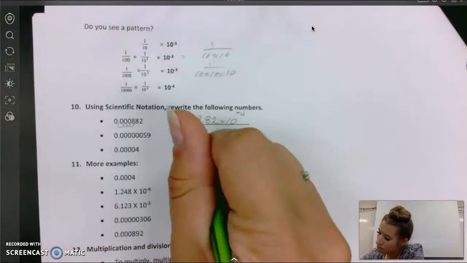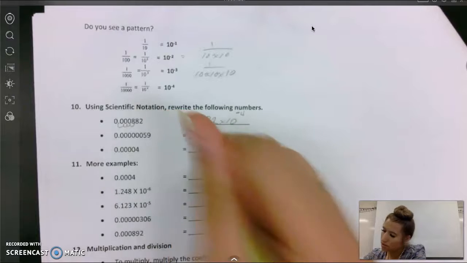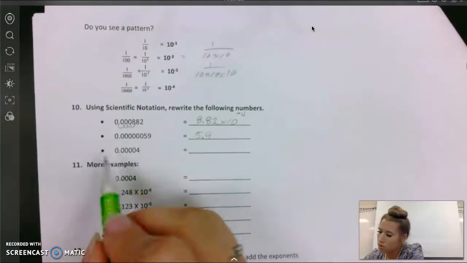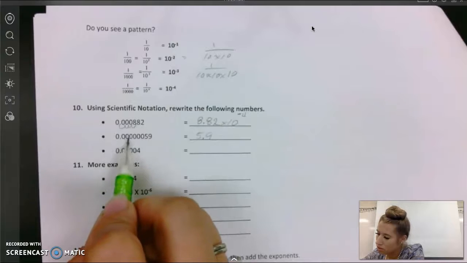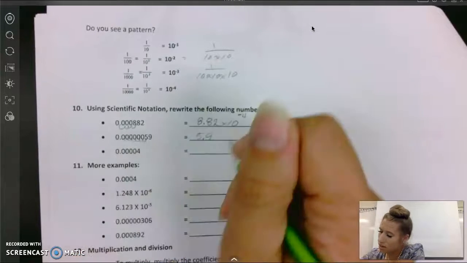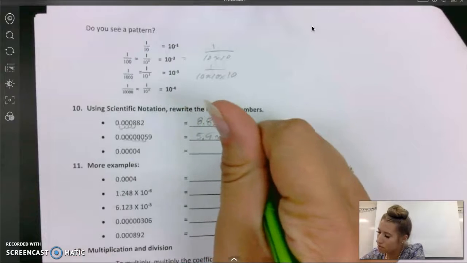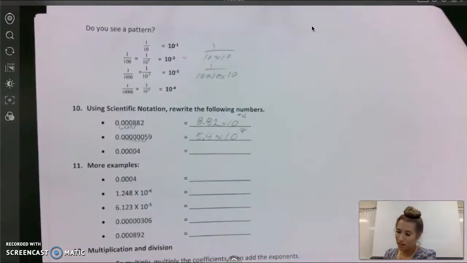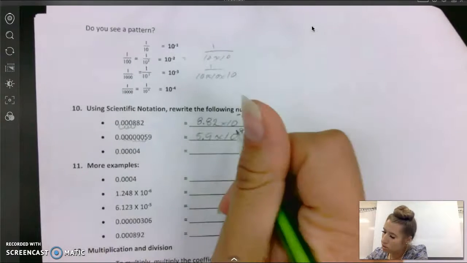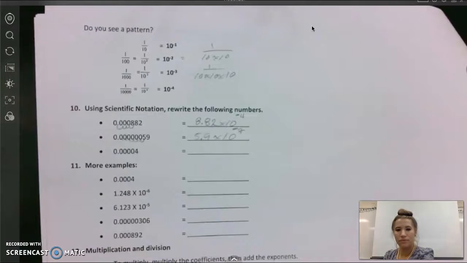Same idea here. 5.9, get that coefficient between 1 and 10, and I move my decimal place 1, 2, 3, 4, 5, 6, 7 times. Is it a positive or a negative 7? Well, we have 5.9, and it's getting much smaller, so it would be negative.